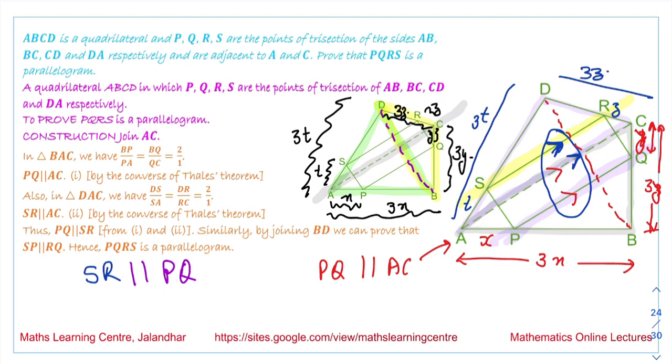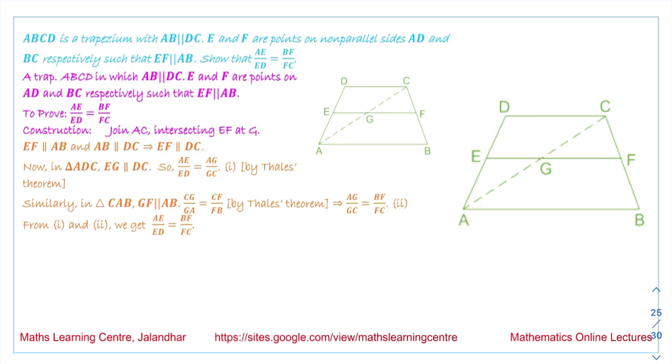So for these two triangles, from these conditions we will obtain that SP and QR will be parallel to each other. So opposite sides of this quadrilateral PQRS are parallel to each other, so we obtain that PQRS is a parallelogram.